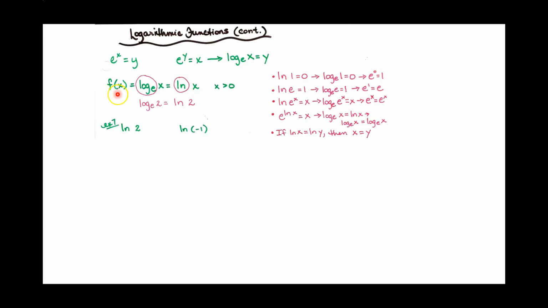Now, mathematicians abbreviate log base e as ln. So if you see ln 2, that literally means the log base e of 2.